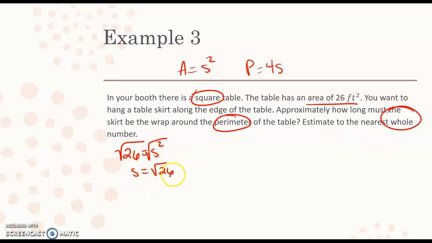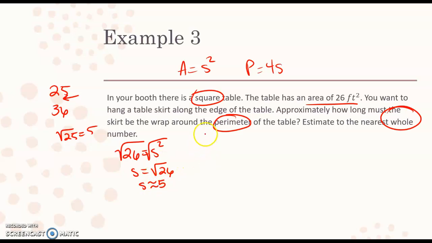So I need to find the two numbers that the square root of 26 falls between, which would be 25 and 36, right? Because 26 is right here. And since 26 is closest to 25, I'm going to think, what's the square root of 25? And that is 5. So our side length here is going to be approximately 5.